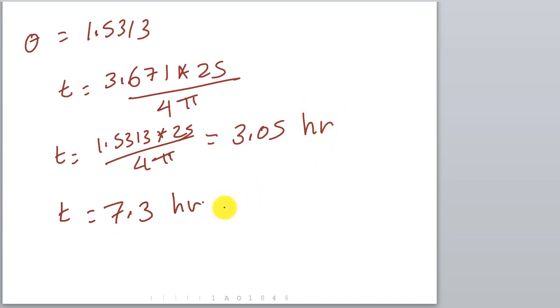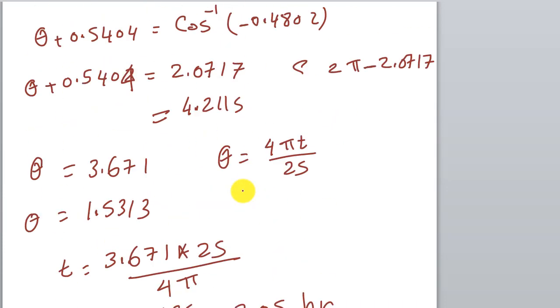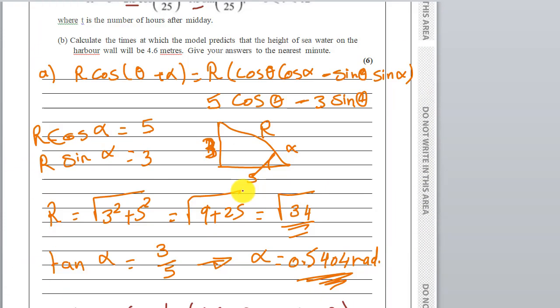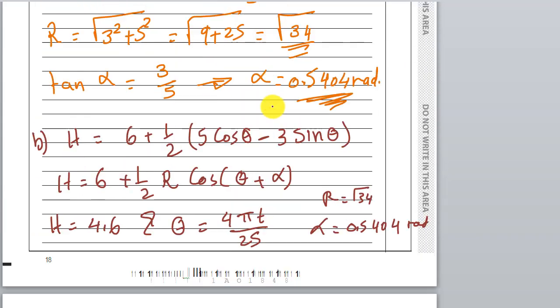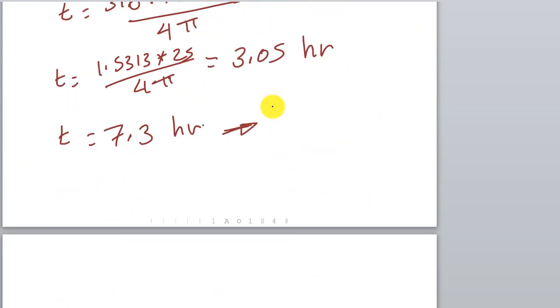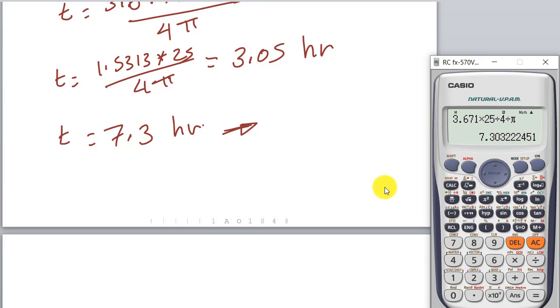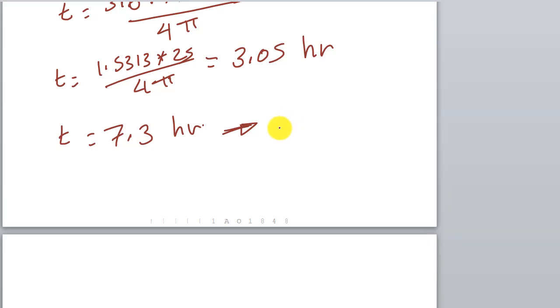So I need it in minutes because he asked here to find it to the nearest minutes. So let us find how many minutes. So 7.3 multiplied by 60, so t is 438 minutes.